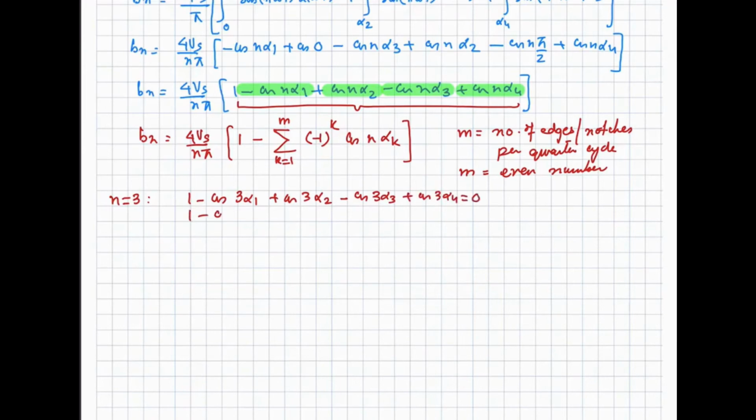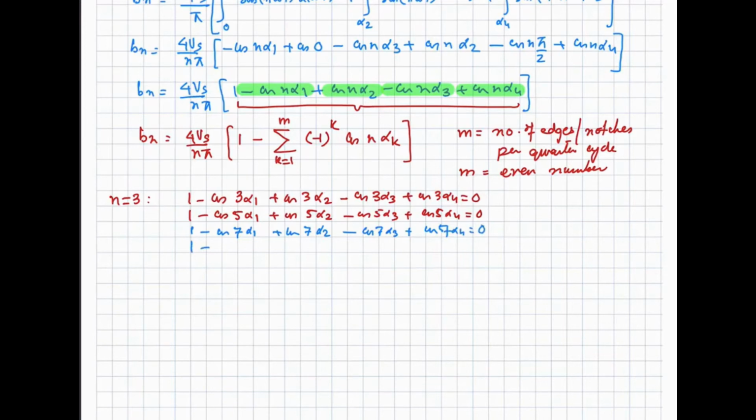For the fifth harmonic, I can write 1 minus cos 5 alpha 1 plus cos 5 alpha 2 minus cos 5 alpha 3 plus cos 5 alpha 4, that is equal to 0. Then for the seventh harmonic, 1 minus cos 7 alpha 1 plus cos 7 alpha 2 minus cos 7 alpha 3 plus cos 7 alpha 4, that will be equal to 0.